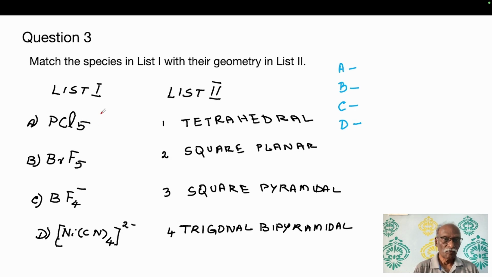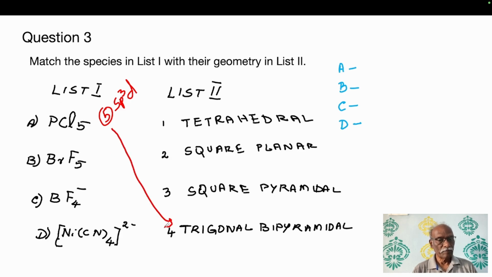It has 5 bonds. 5 bonds means sp3d. s1, p3, d1, altogether 5. sp3d means trigonal bipyramid. So simple. Phosphorus has 5 valence electrons, 5 atoms are connected, so 5 bonds are there. 5 means sp3d, trigonal bipyramid.